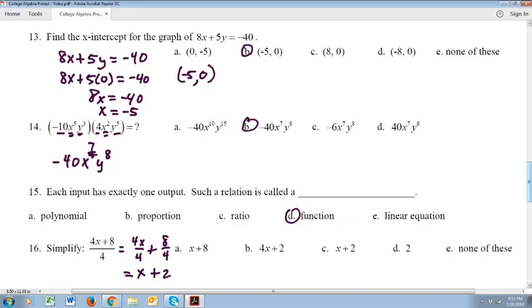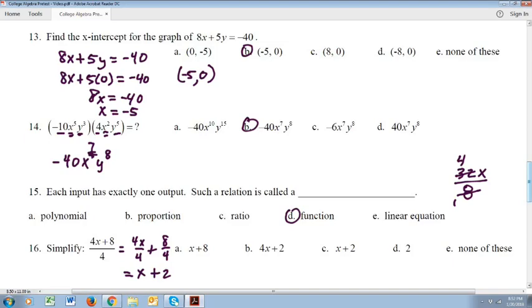But you can only do canceling when you have all multiplication. So if I had like 32x over, we'll just say over 8, I could divide the 32 by 8 and get 4, and divide the 8 by 8 and get 1.